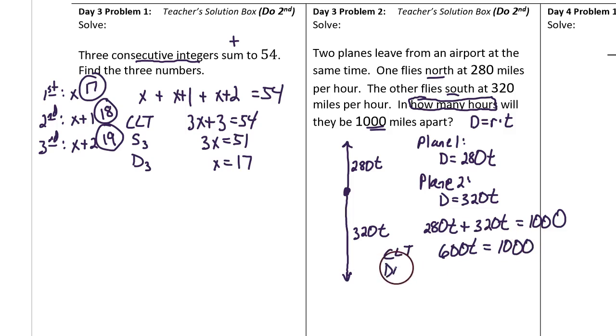Then divide by 600 on both sides. We get 1 and 2/3. The variable t was representing the time in hours, so the correct label for this is hours. In 1 2/3 hours, the planes will be 1,000 miles apart.